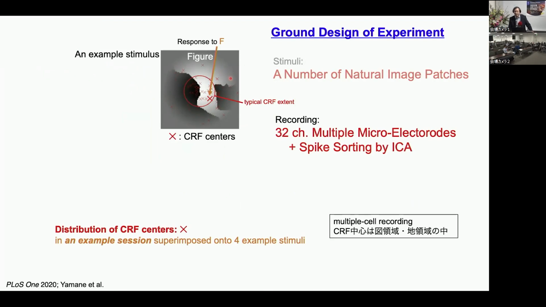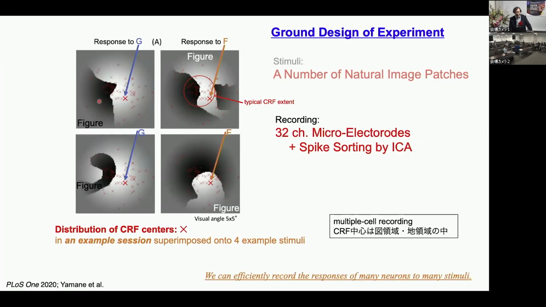So we use multiple electrodes. We can record from some tens of neurons simultaneously. So those are shown in here. And let's focus on this cell shown by a bold cross. For this cell, we get the response to the figure with this stimulus. And go to the next stimulus.